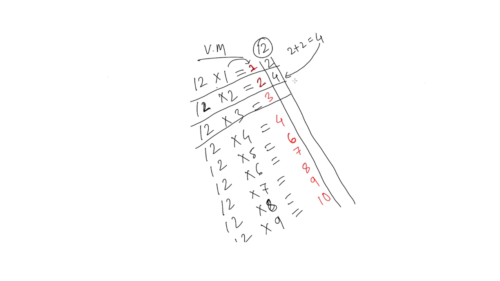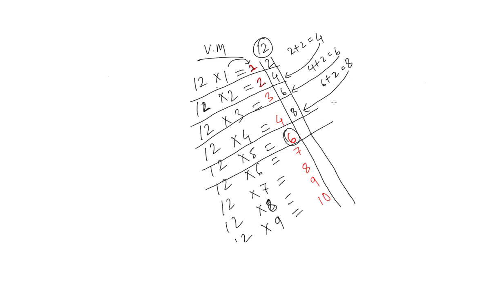This process: 4 plus 2 is 6, so put the 6 here, and 6 plus 2 is equal to 8, so put this 8 here. And here, why do we put 6?